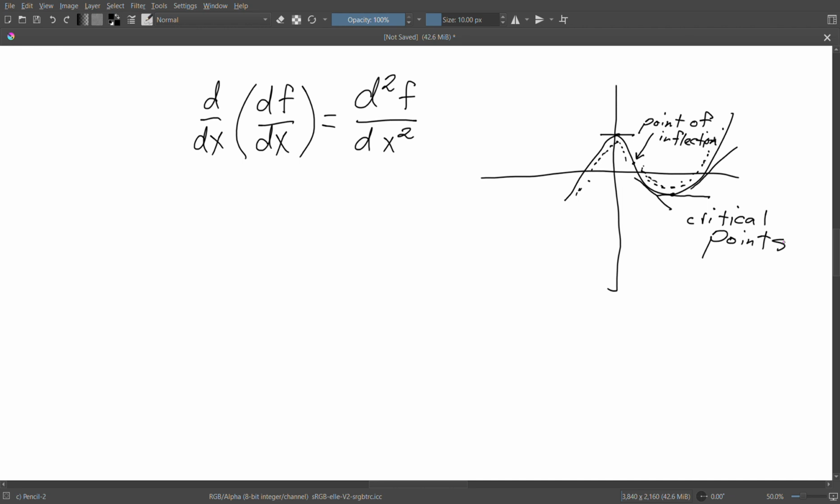So what does this all mean? This means that if you know a function, you know information about it, you know information about its derivative, you know information about its second derivative, you've actually got a pretty good shot of accurately drawing the function. So you know where the second derivative is positive, negative, or 0, that's going to force what the graph is going to look like.